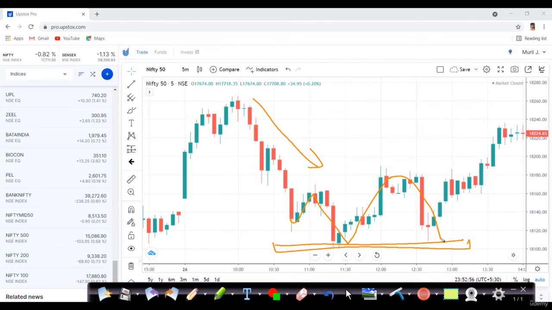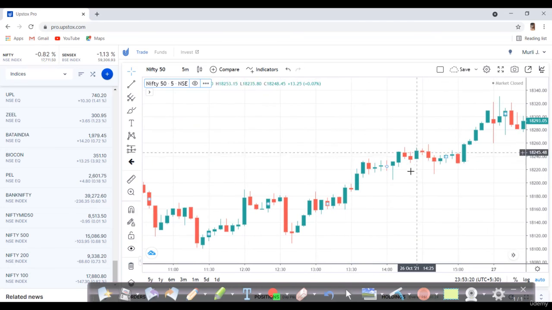Again it tried to take support and move upside, but this time the market broke this swing. That's why whoever sold at this candle, their stop loss must be here. Because the sellers' stop losses got hit, buying will come, and obviously the market will start moving upside.